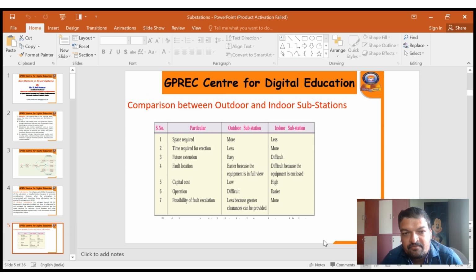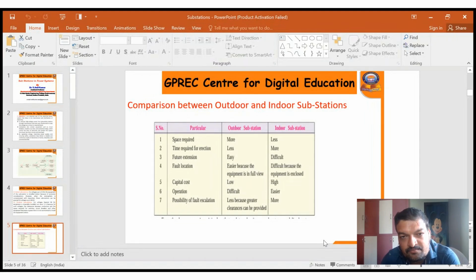Outdoor substation is very easy for future extension. Why? Because we have more space, so it is easy to extend. Whereas for indoor substation, further extension is difficult. Location of faults in outdoor substation is easier because the equipment is in field view, but in indoor substation it is difficult because the equipment is enclosed.